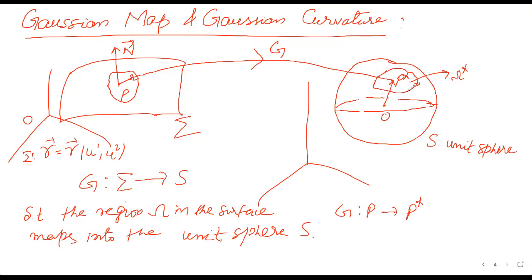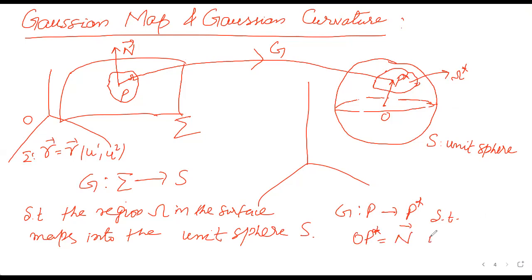So the point P is mapping to P star such that OP star is equal to N. N is the normal to the surface.